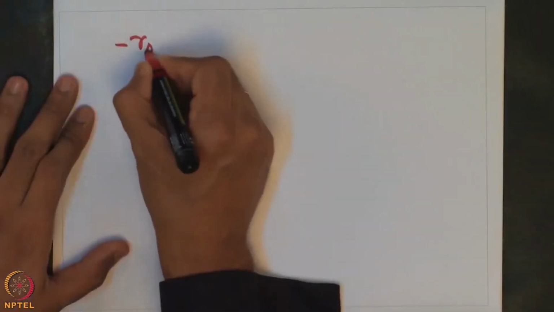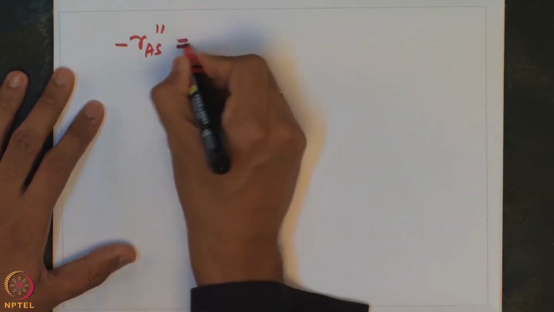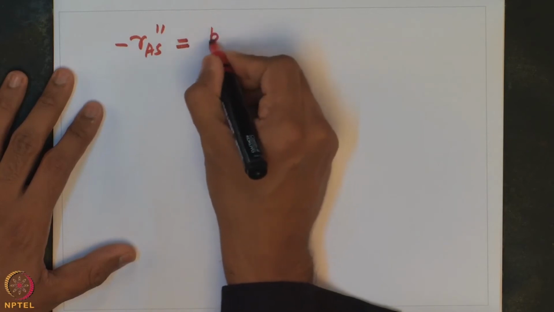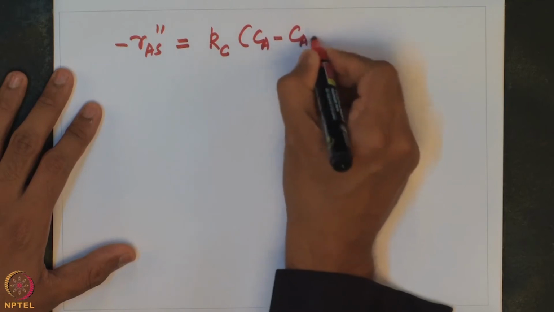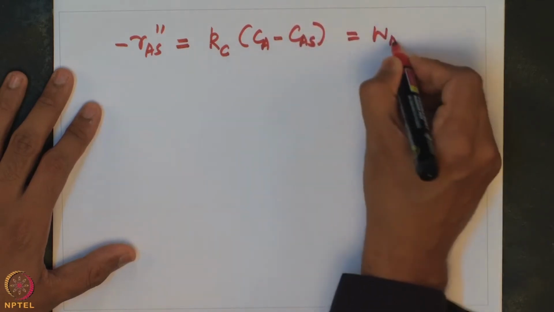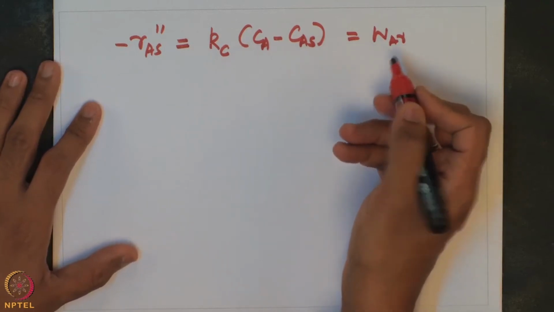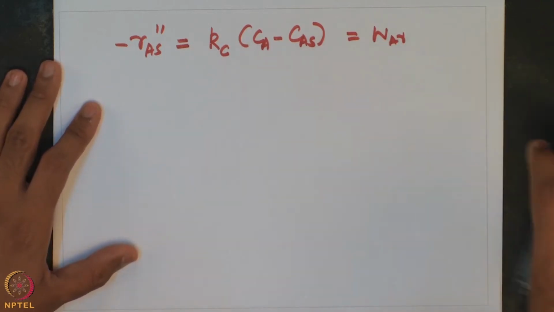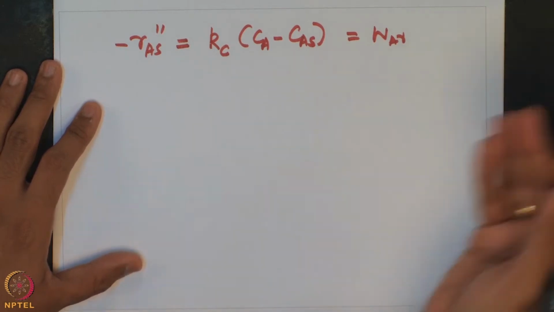So, therefore, we can now say that minus RAS double prime, which is the rate at which the species is being consumed, is essentially equal to the mass transport coefficient into Ca minus Cas, which is the flux with which the species is being transported from bulk to the surface of the catalyst pellet. So, what we have done is link what we saw with the mass transport with single reaction to the packed bed design now.